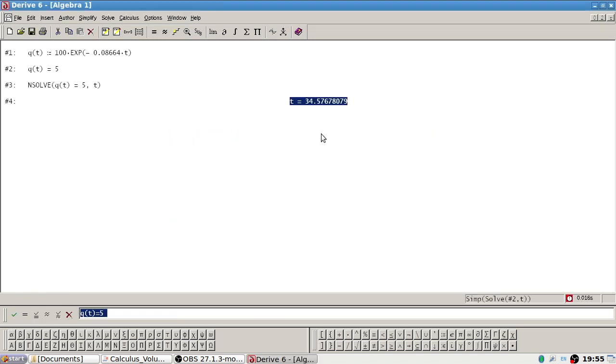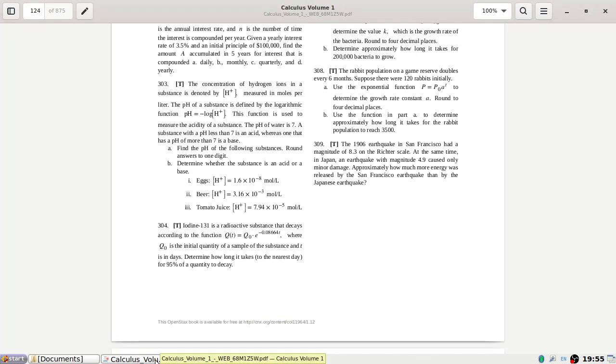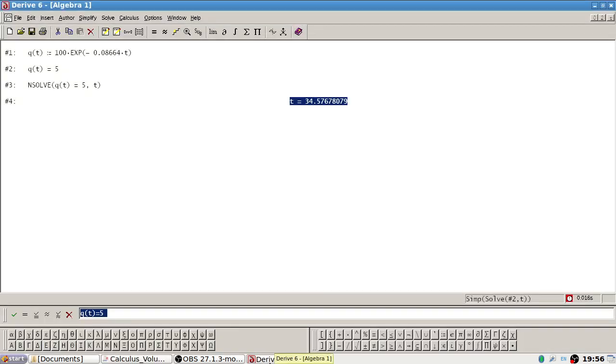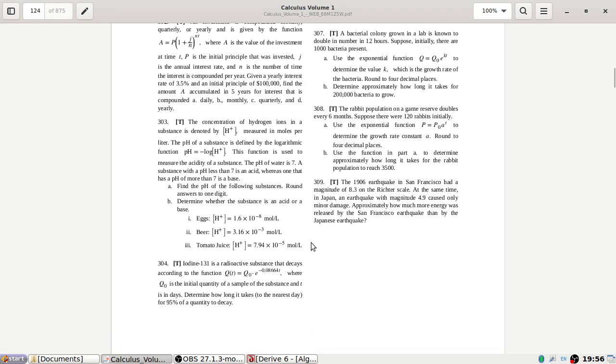So about 35 days. Oh, does this not have an answer? Oh, because it's even. So that's the only thing that I have to be careful about. 95% of it to decay. I assume that means only 5% of it is left. So about a month. Okay.